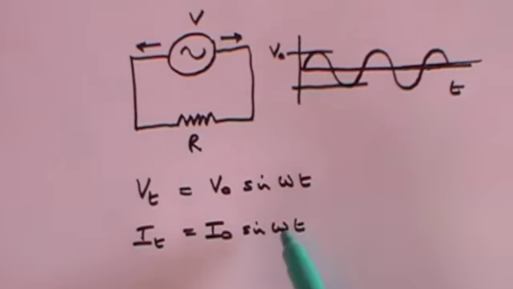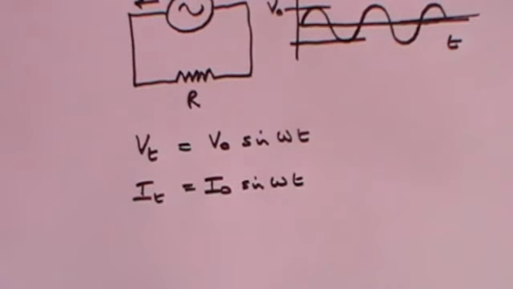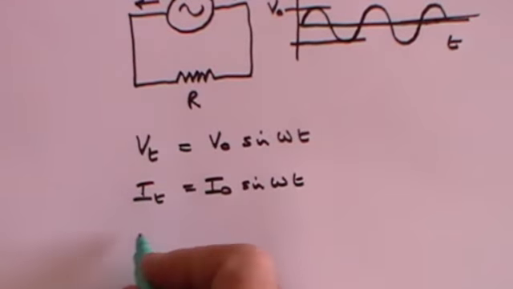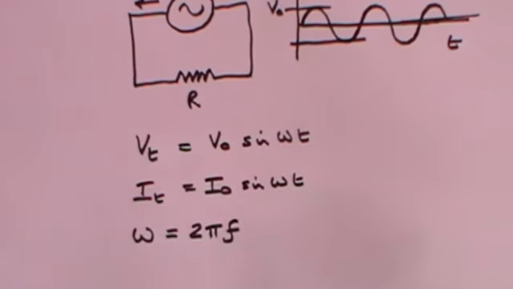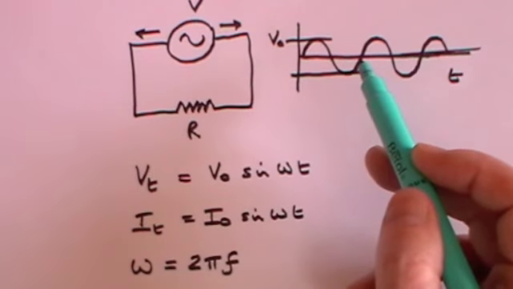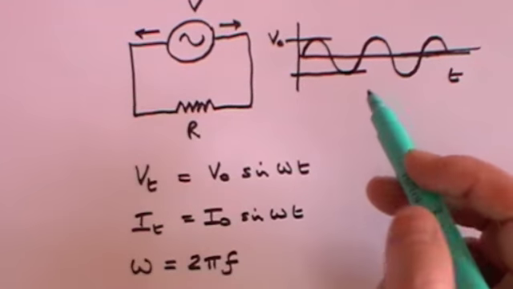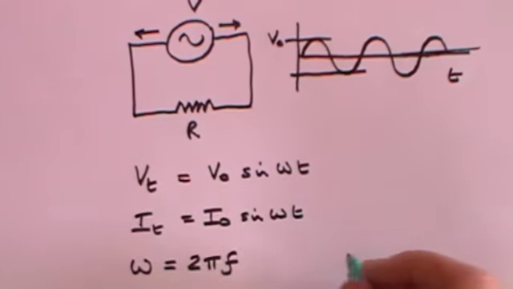What's this omega? t is just the time. But what's this omega? Well, omega is a fairly standard definition. It's 2 pi times the frequency. And the frequency is the number of full waves per second. And as I told you, in the UK that's 50 times per second. So the frequency would be 50 in the UK.